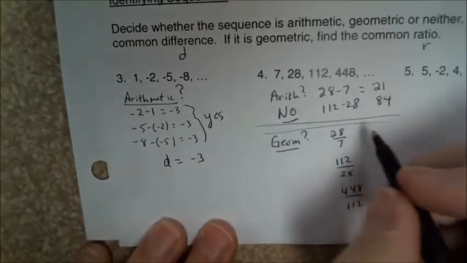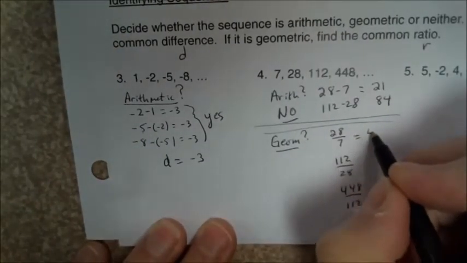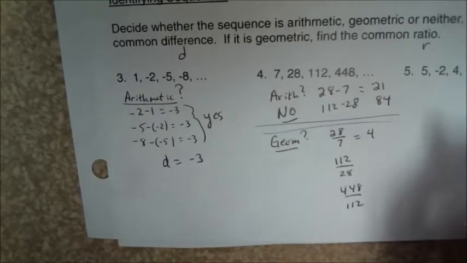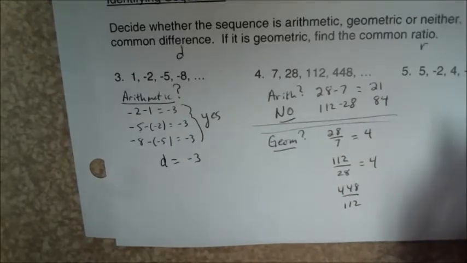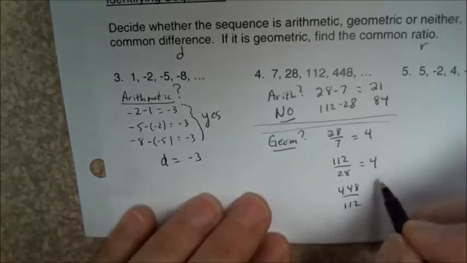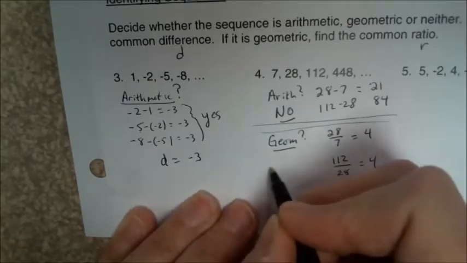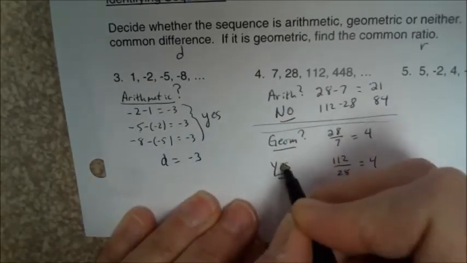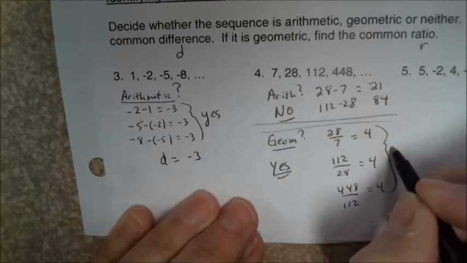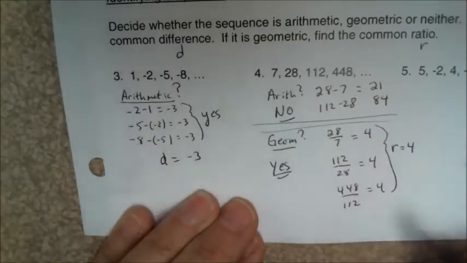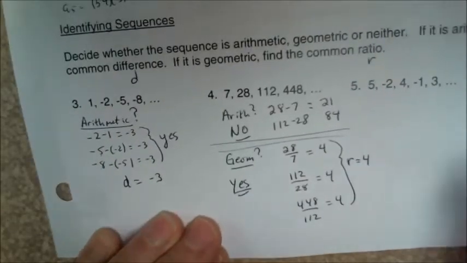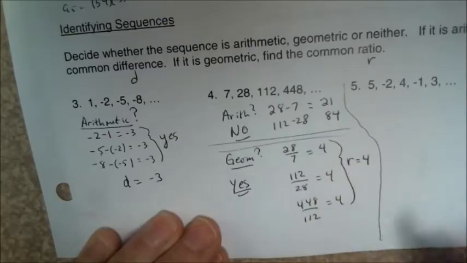Let's see, 28 over 7 is 4. 112 divided by 28 is 4. 448, I'm using my calculator off to the side here, divided by 112 is 4. So is it geometric? The answer is yes, it's geometric because the common ratio is equal to 4. When you divide them, you get the same number. Okay, next one.